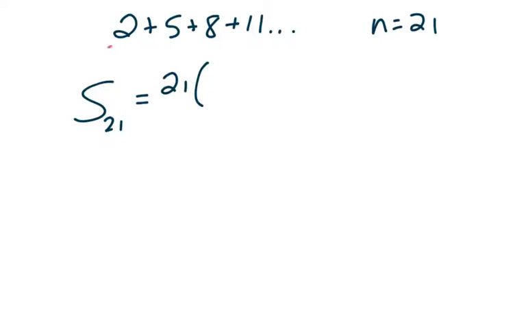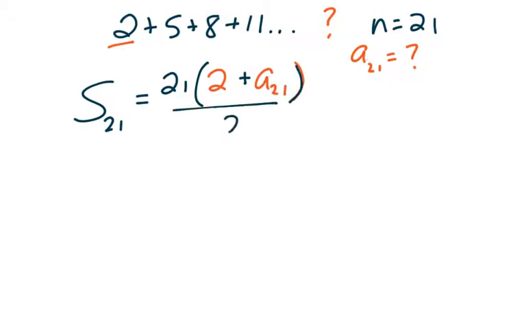Well, the first term is right here, it's 2, plus, what's the last term? Ooh, that would be right around here. I don't know what that is. What is a sub 21? And again, we don't know. So when that happens, let's step out of the sum formula for a second and see if we can use the sequence formula to help us. So for now, I'll put a sub 21, because I don't know what that is yet. And then the formula says divided by 2.